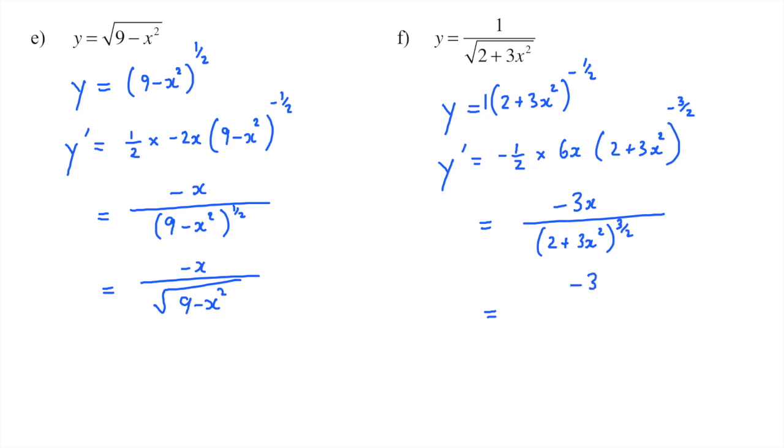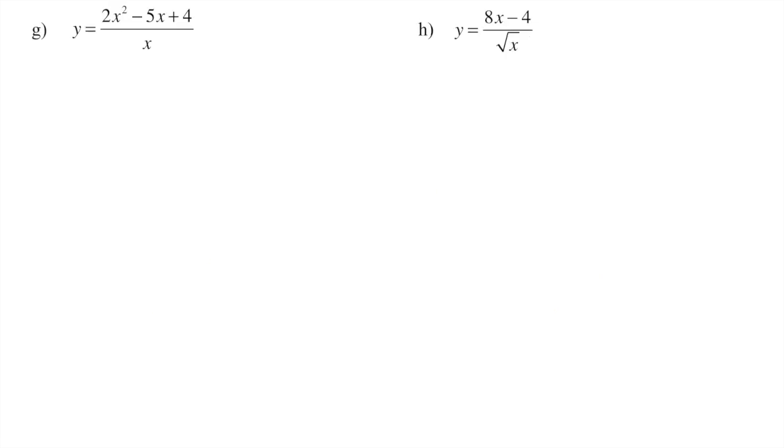It becomes minus 3x over the square root of 2 plus 3x squared, all in brackets, cubed. That cubed comes from the little 3 there, and there's a 2 that I don't have to write out the front there. And that's the final answer to that one. You can see they do get messy and challenging, but with practice they become manageable.